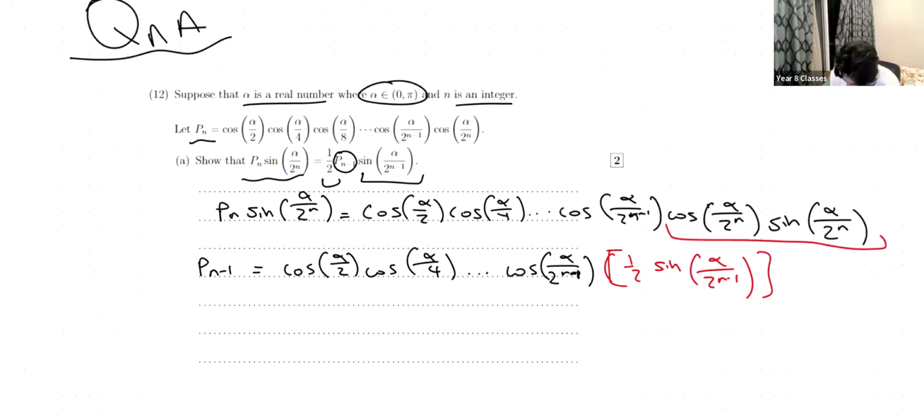So I need to somehow make cos alpha on 2n times sine alpha on 2n look like a half sine alpha on 2n minus 1.